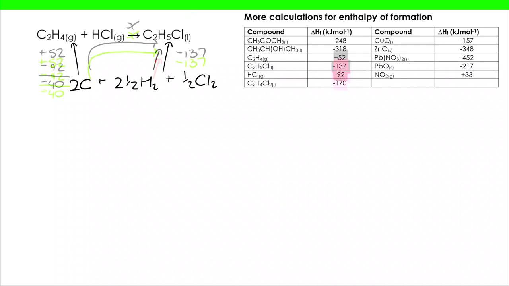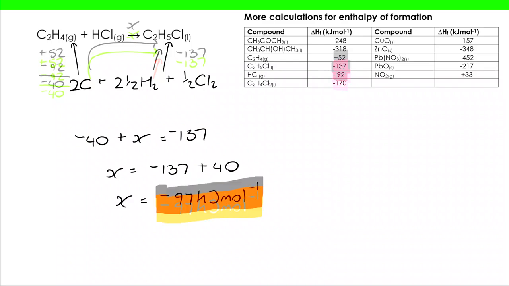So I've got my red route and my green route. You can see which data I've used to put in. And then I'm going to put my information into an expression. So I've got my negative 40 plus X is negative 137. Going to rearrange that to make X the subject. And that's going to allow me to work out that X is negative 97 kilojoules per mole.